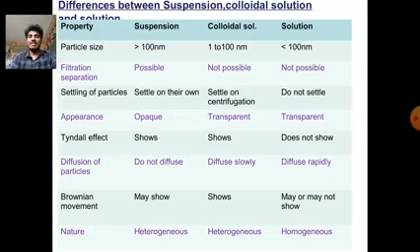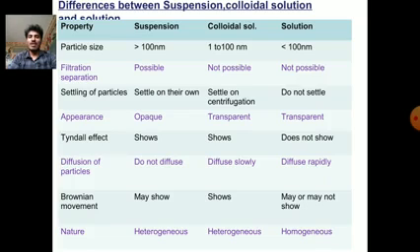The fifth property is the Tyndall effect. Suspension shows the Tyndall effect. Colloidal solution shows the Tyndall effect, and solutions do not show the Tyndall effect. The sixth is diffusion of particles. In suspension, diffusion does not occur.